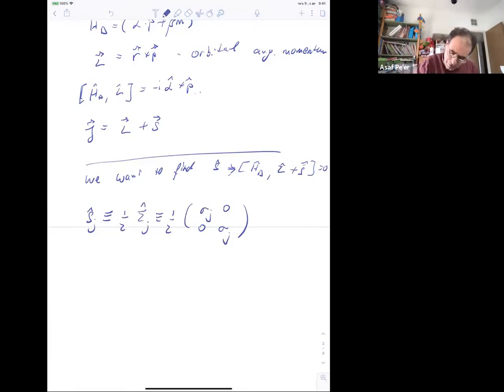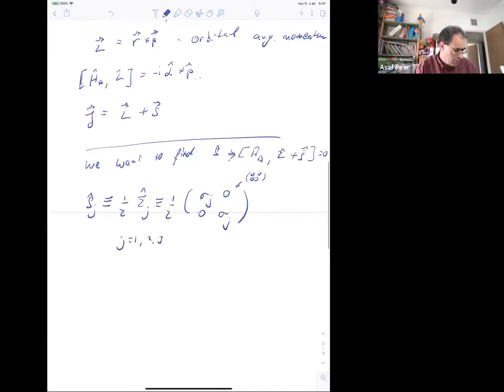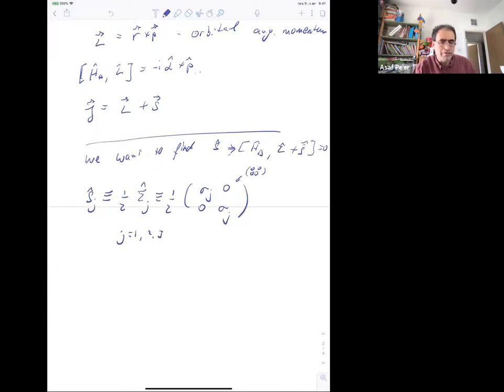Of course, the 0 here means really a 2x2 block of zeros. This is a 4x4 matrix. Of course, j equals 1, 2, 3, right? X, Y, Z. Now let's look at the commutator of alpha_j and Sigma_k.